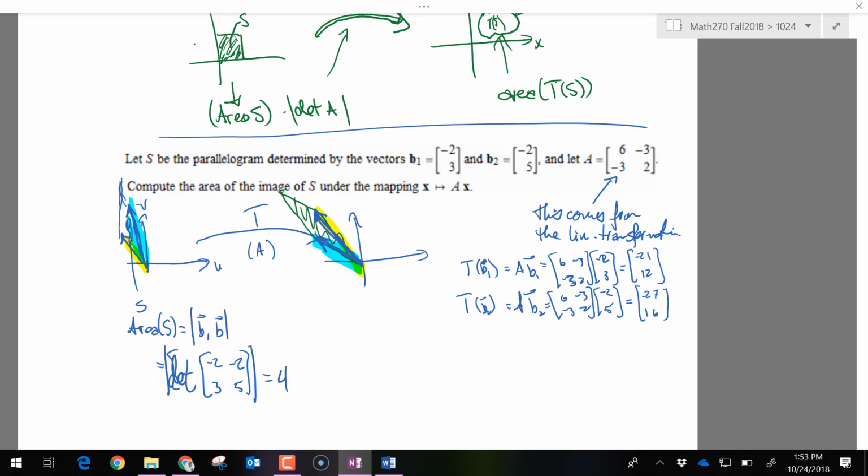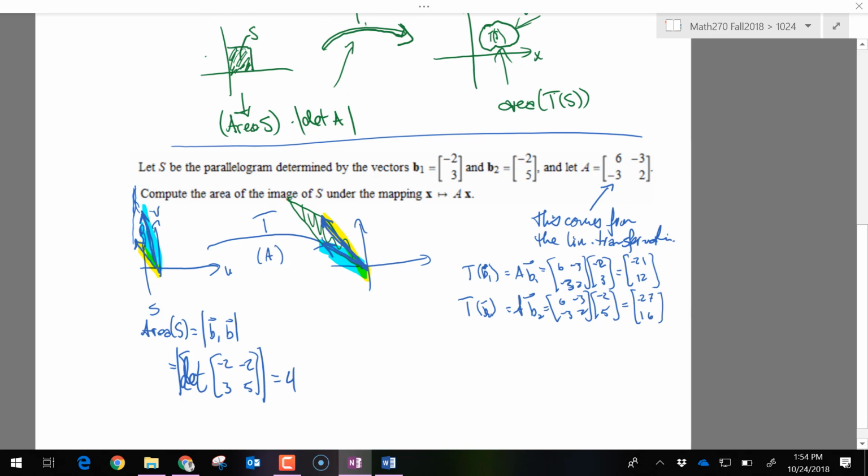So now, if we just figure out what A is equal to, the determinant of A, that's 6, negative 3, negative 3, 2. And that's 12 minus 9 is 3. Is that 3?